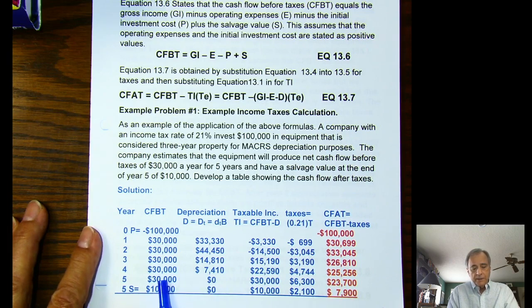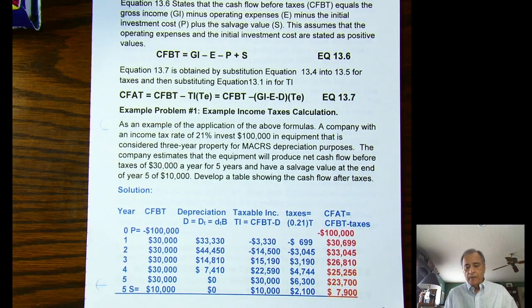That is subtracted from my before-tax net operating income to get taxable income of $22,590. When I multiply that times 21%, I get a tax bill of $4,744. Subtract that from 30,000 to get $25,256 of after-tax cash flow.